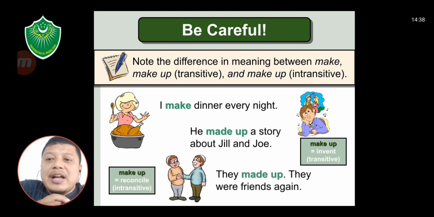Now, there is an intransitive make up. Intransitive make up means to reconcile, to meet someone again. They made up, they're meeting each other. This make up doesn't need an object at all. So they made up, your friend and I made up. This is another made up that doesn't need any object. So be careful to differentiate the three different examples.